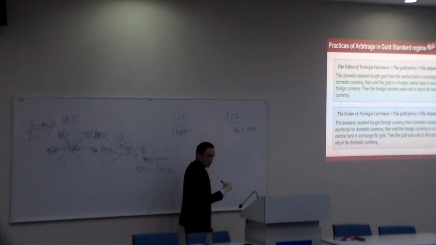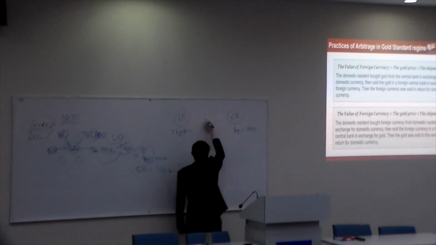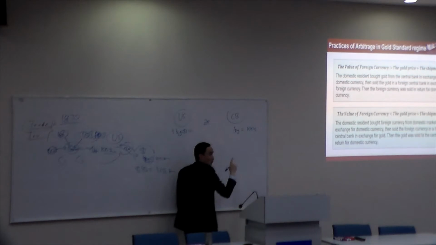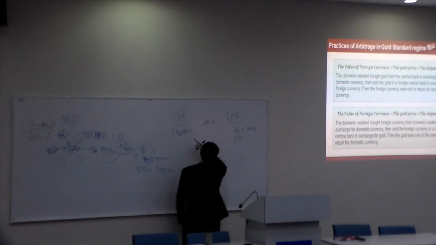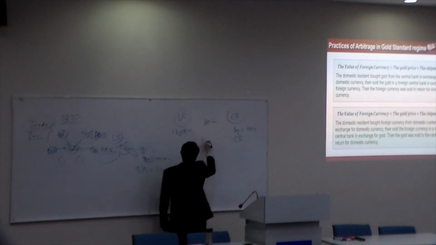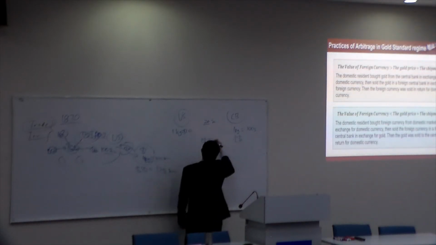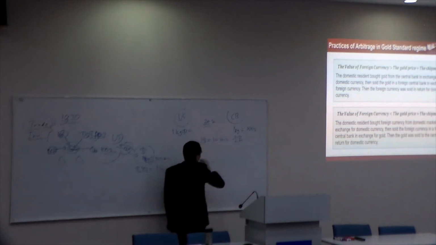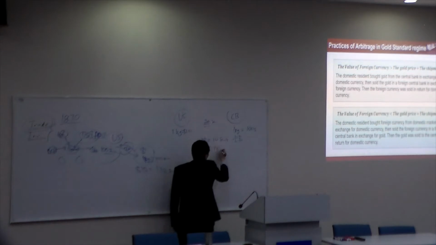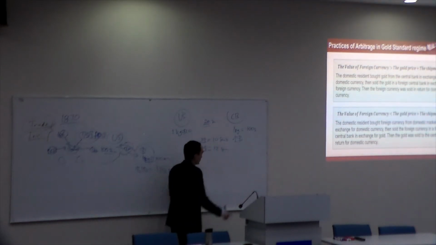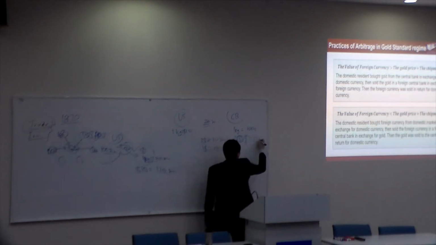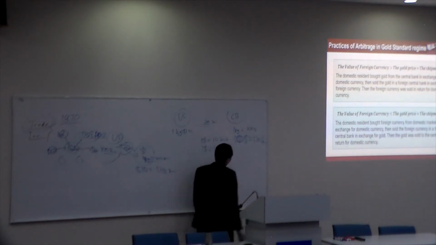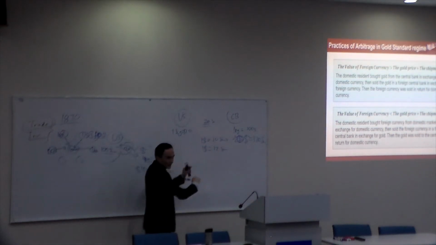Because of the transportation cost, now the transportation cost is 20 soon. So if we consider $1 based on this, it is equal to 10 soon. Because of this 20, it will become 12 soon. Or in other words, $10 is equal to 120 soon.